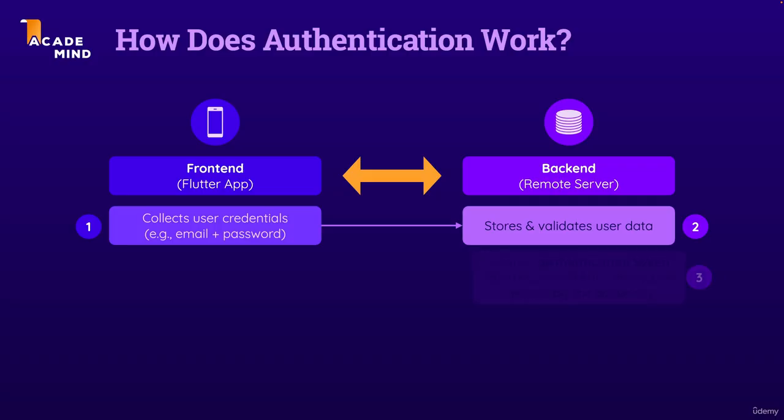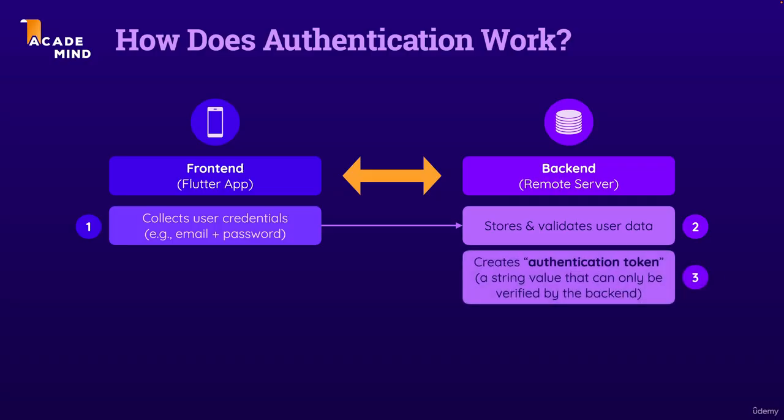Therefore, once we validated the user data, the backend also creates such an authentication token. It actually also does that when a new user is created, by the way. Now, this authentication token string is a rather cryptic and random looking string, and you'll see one soon, but in the end it will be a string that's generated by the backend that validated the user, so that's handling the authentication.